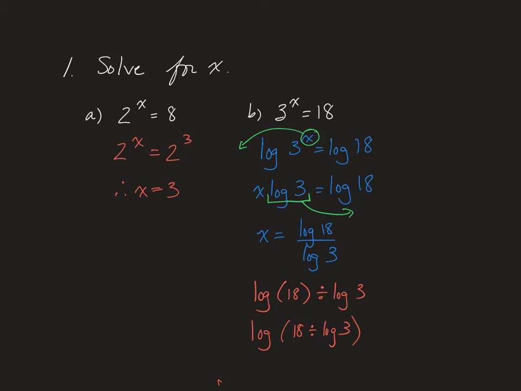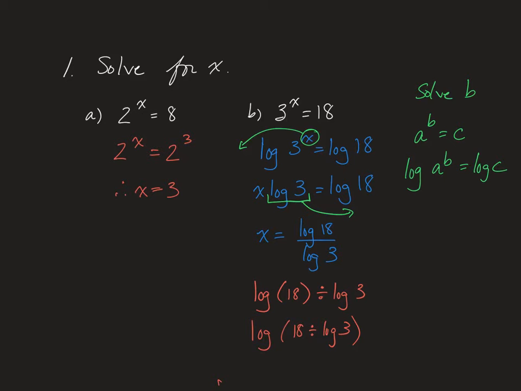I want us to take a look at that solution that we just used in B, and we're going to do a quick proof for it. Over on the right side, I'm going to deal with the most generic exponential equation I can, and I need to now solve for B. Since everything's a variable, it's going to be difficult to write C as a power base A. So I can take the log of both sides.